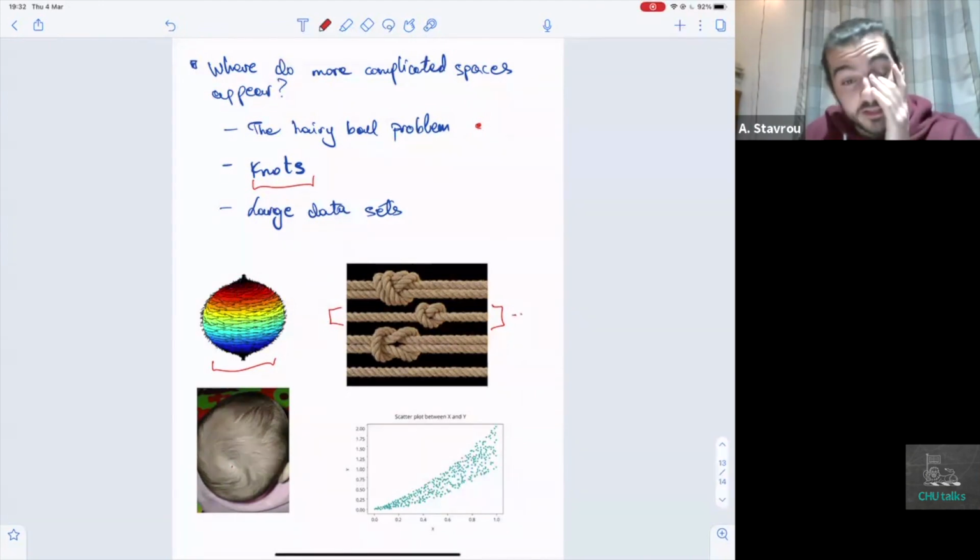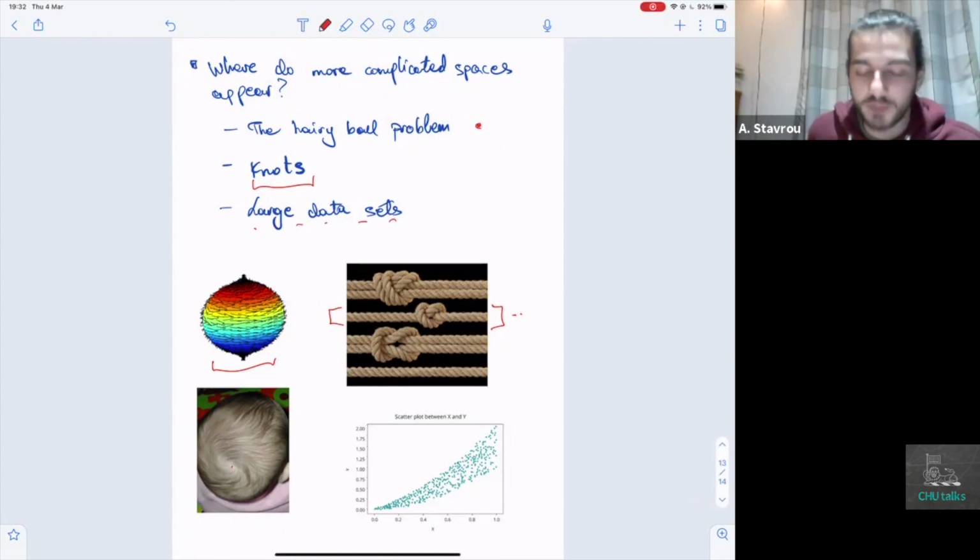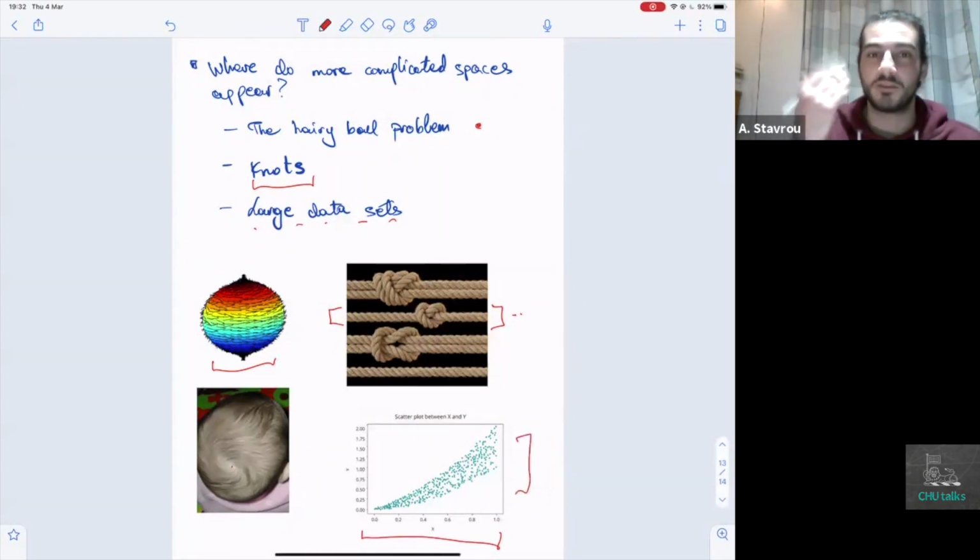But this also appears in large data sets where you've got many high dimensional problems to solve, and you want to know, do my data as drawn here lie on a line, a circle, a sphere? But if this is in much higher dimensions, then this picture is not enough to tell you the answer, because you cannot draw a picture that you can see.